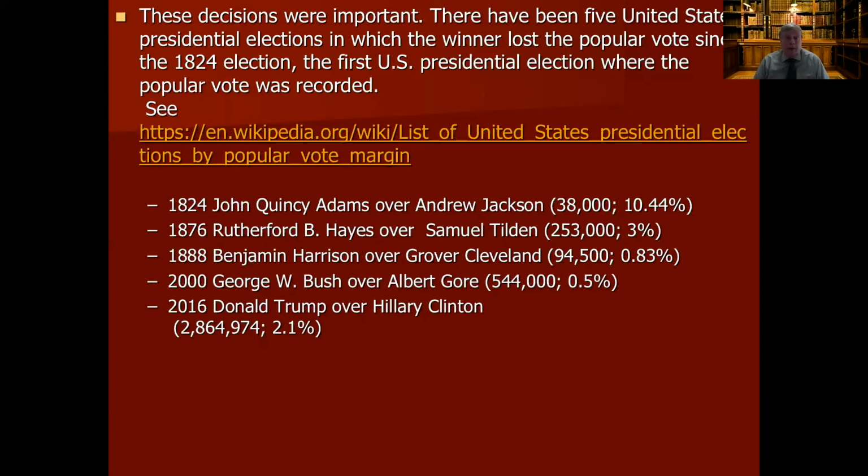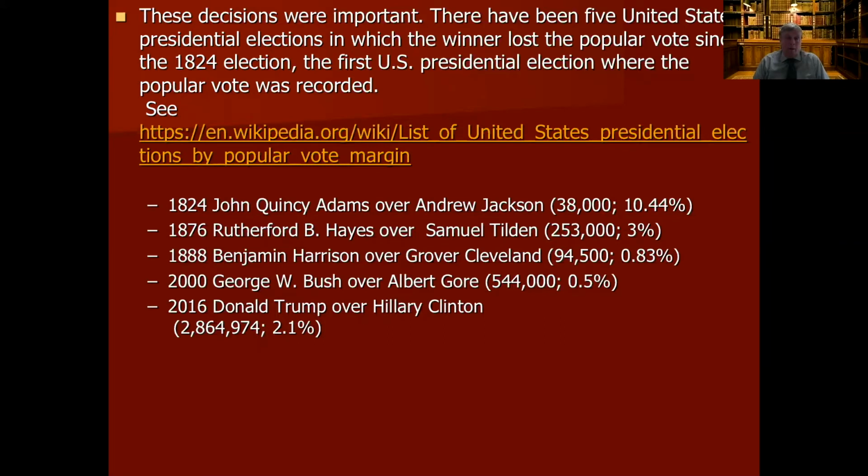It happened again in 1876 with Rutherford B. Hayes winning the electoral vote over Samuel Tilden. Tilden got 253,000 more votes than did Rutherford Hayes. That was 3% of the electorate. In 1888, it happened again with Benjamin Harrison winning the electoral vote over Grover Cleveland.